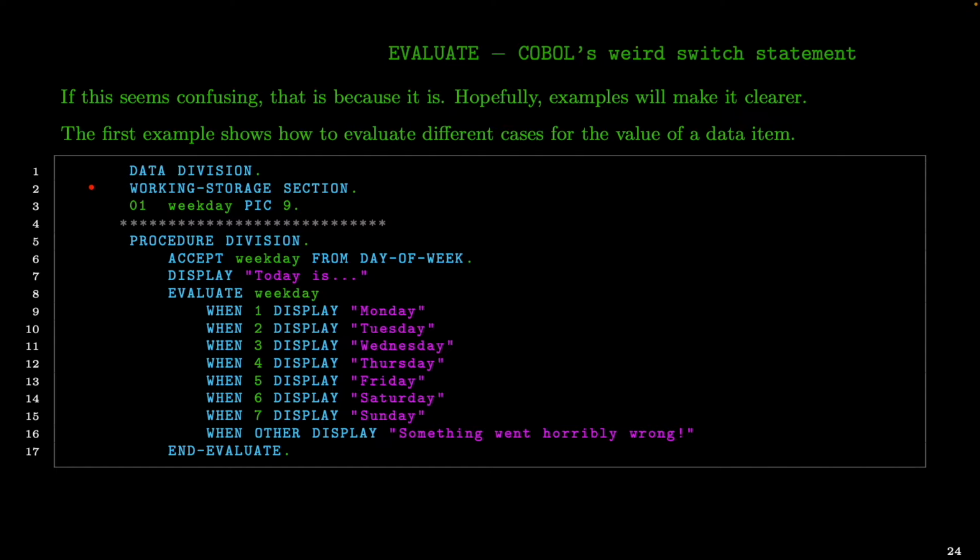So here I have an example that will simply print which day of the week it is. I have a weekday variable that I will read with accept weekday from day of week. We've seen that before. Then I will display today is and evaluate weekday. And depending on which number it is, I'll print Monday, Tuesday, Wednesday, and so on.